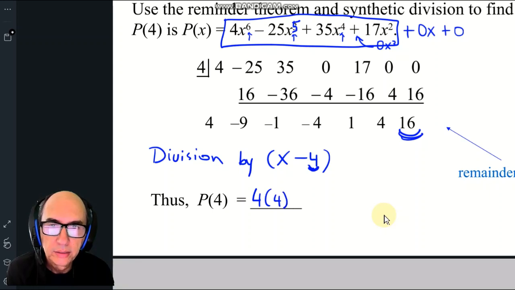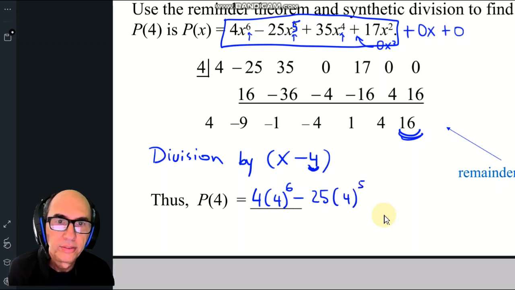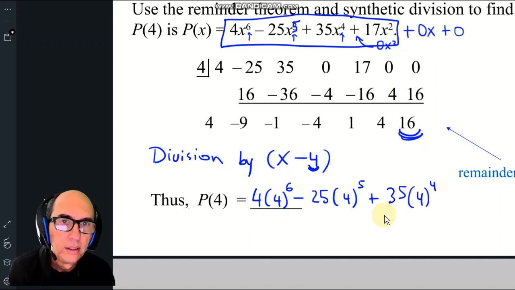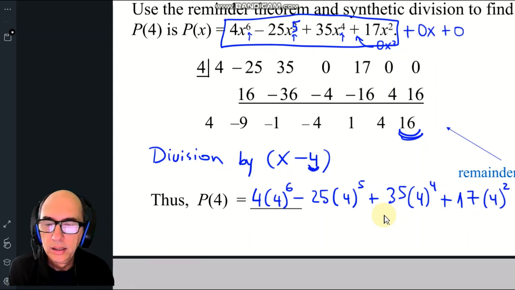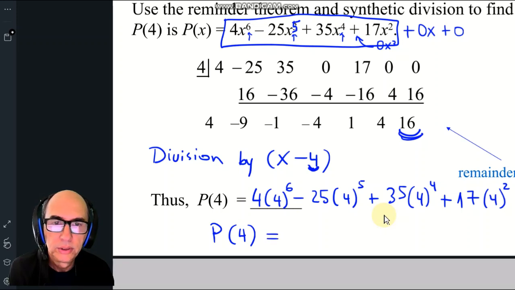4 instead of x: 4 minus 2 times 4 to the power of 5, plus 35 times 4 to the power of 4, plus 17 times 4 squared. Now you need your calculator to find the answer. You're going to see that P of 4 equals 16.